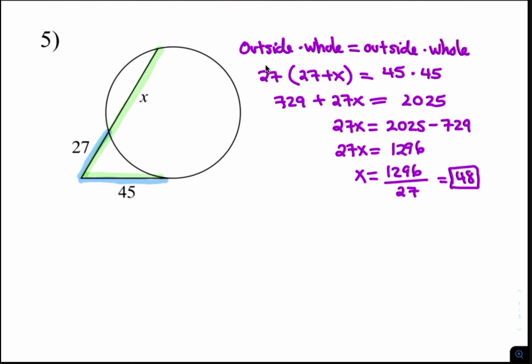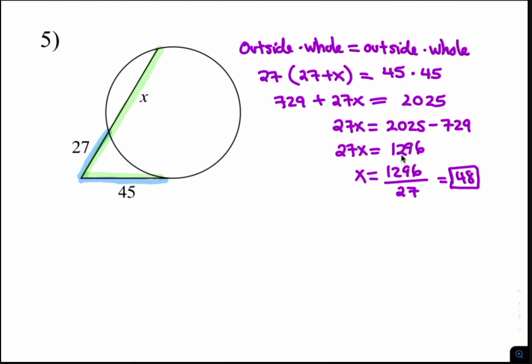And then on the left side, you're multiplying 27 times 27, which makes 729. And also, you have to multiply 27 times X, and that's 27X. We'll have to subtract 729 from both sides, and we get 27 times X equals 2,025 minus 729.